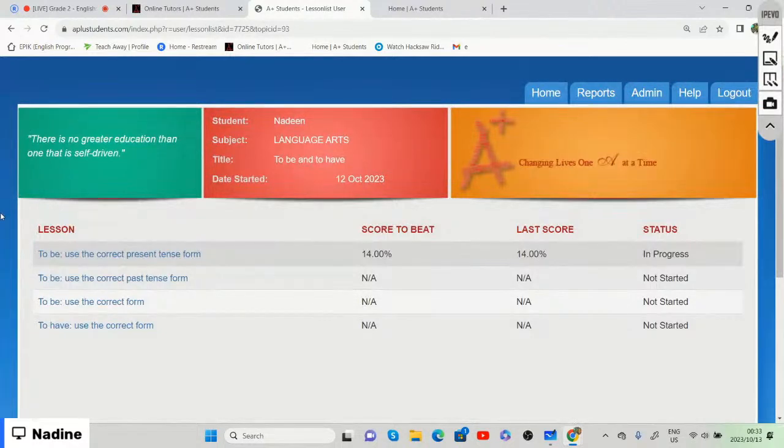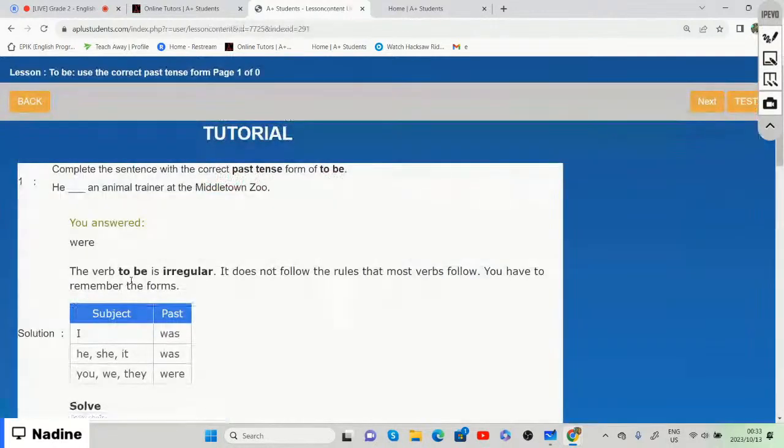All right, now we're going on to the next one, which is to use the correct past tense form. And remember, we said the verb to be is irregular. There's no rule that you need to follow when it comes to the irregular verbs. You are just going to have to know it.